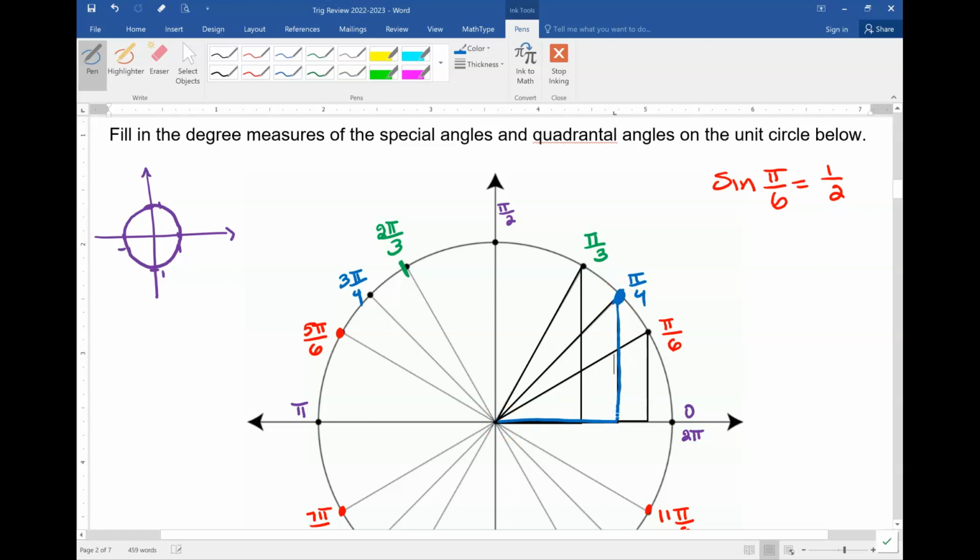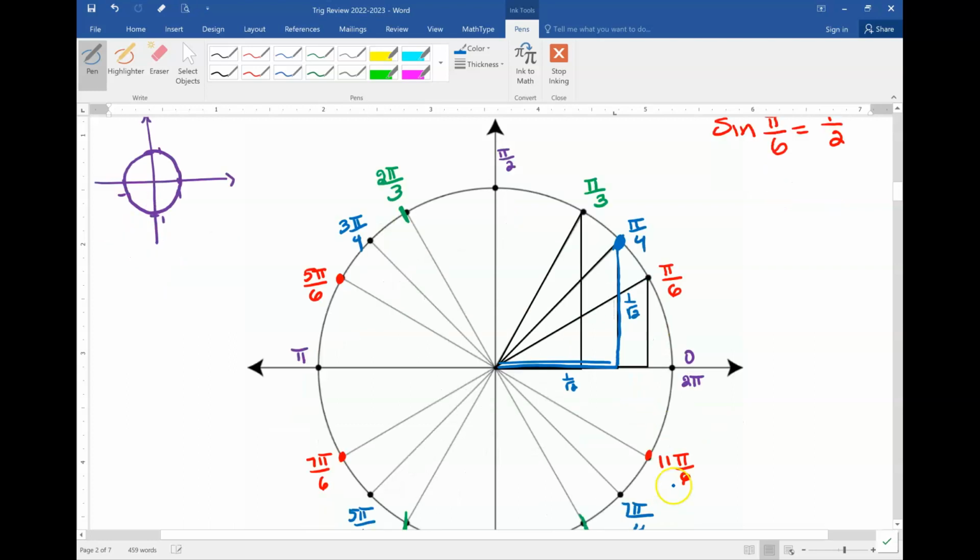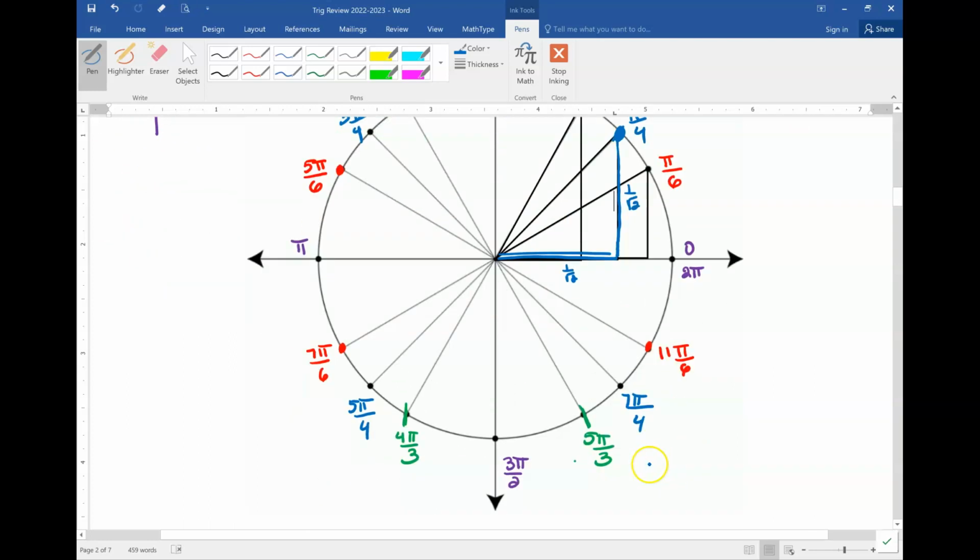But in the case of the pi over 4, the horizontal distance and the vertical distance that you go are identical. They're the same. And so for each way, you travel 1 over √2. Okay, I mean, I can talk about this until tomorrow night.